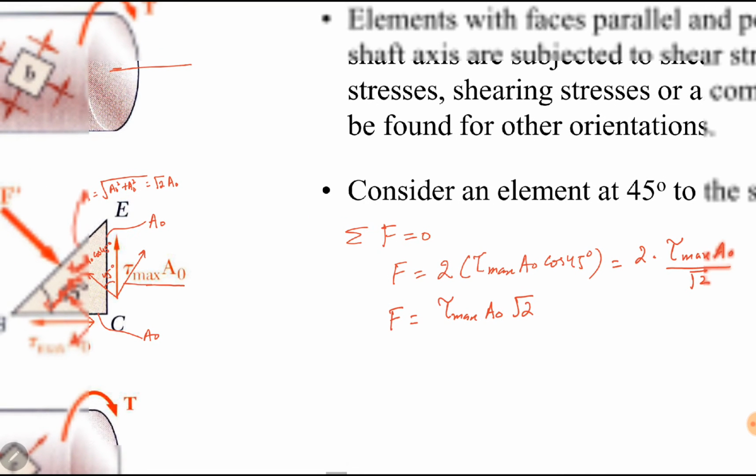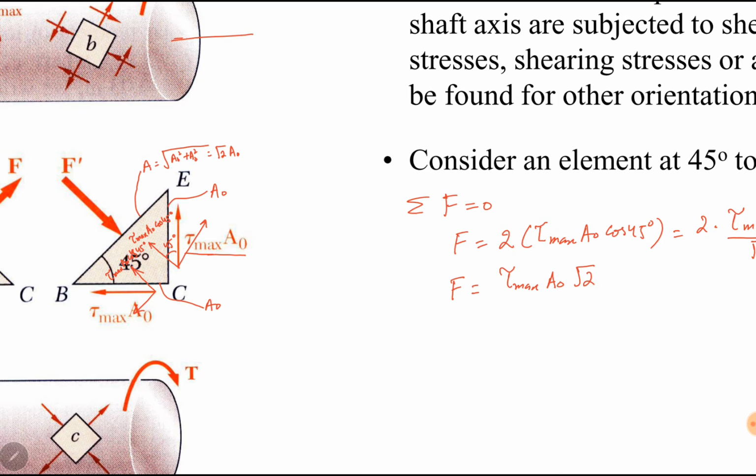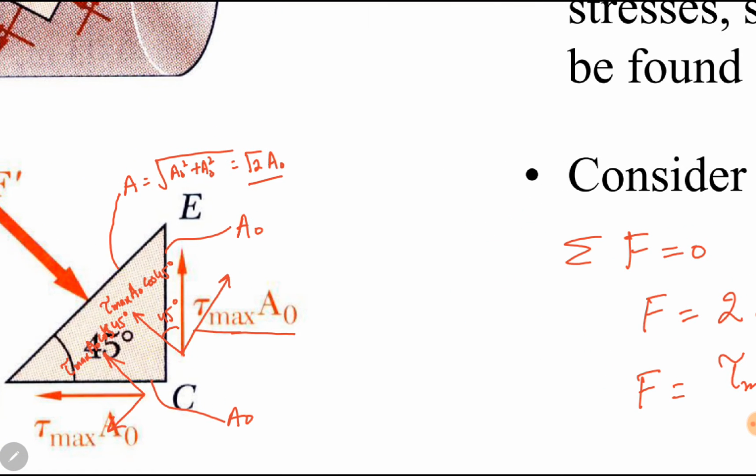This is a normal force on area A. So if we want to find normal stress, sigma at 45 degrees, sigma at an element at 45 degrees will be equal to force divided by area. Normal stress is force divided by area. Force is tau maximum A naught square root of 2, and area A has already been calculated, which is equal to square root of 2 A naught.